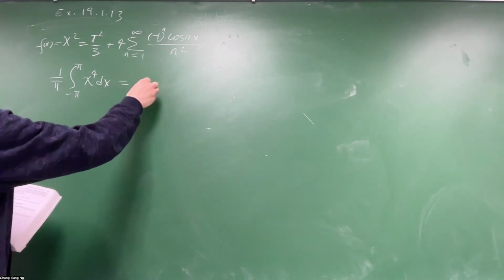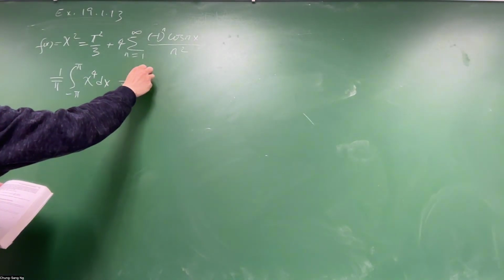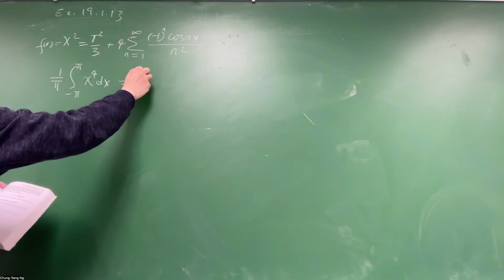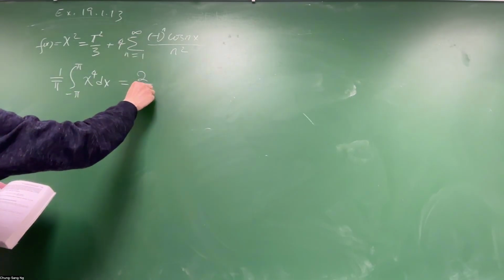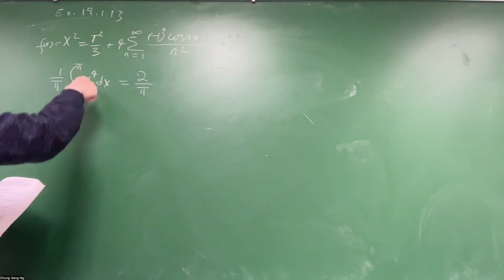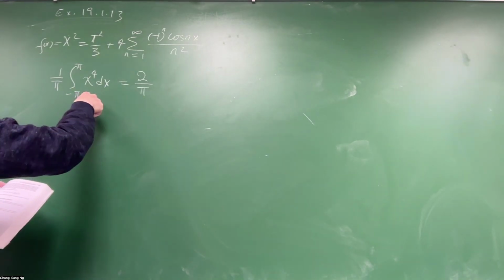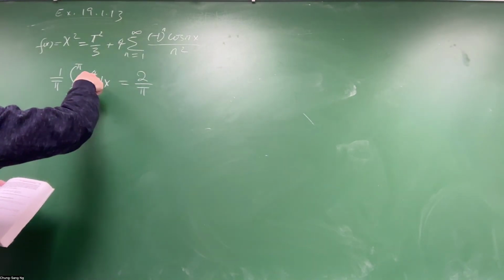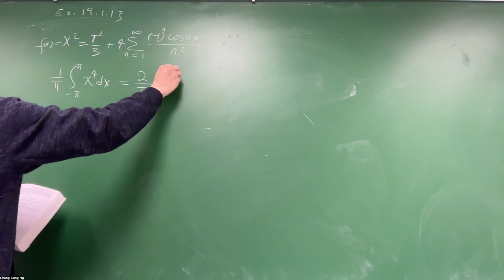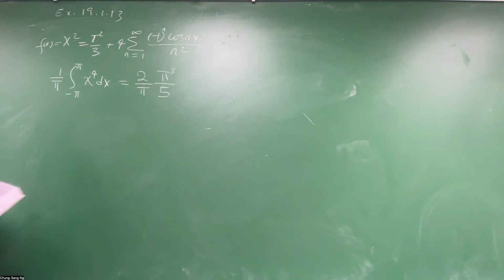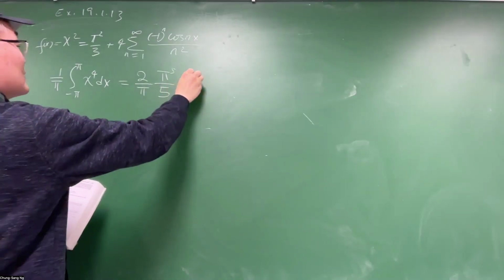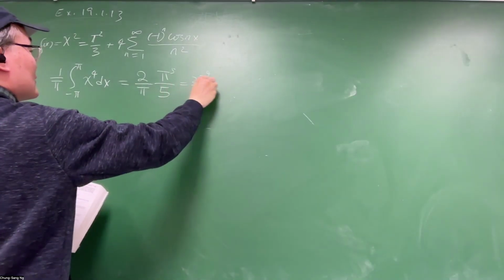This is even, so 2 times 1 over pi, x to the 5th divided by 5, and x to the 5th is pi to the 5th. So the left hand side is this one.